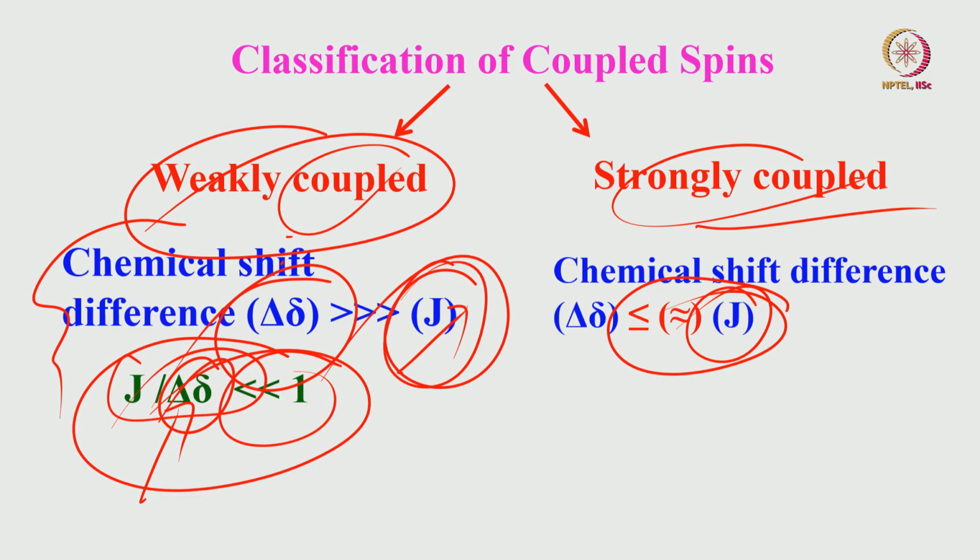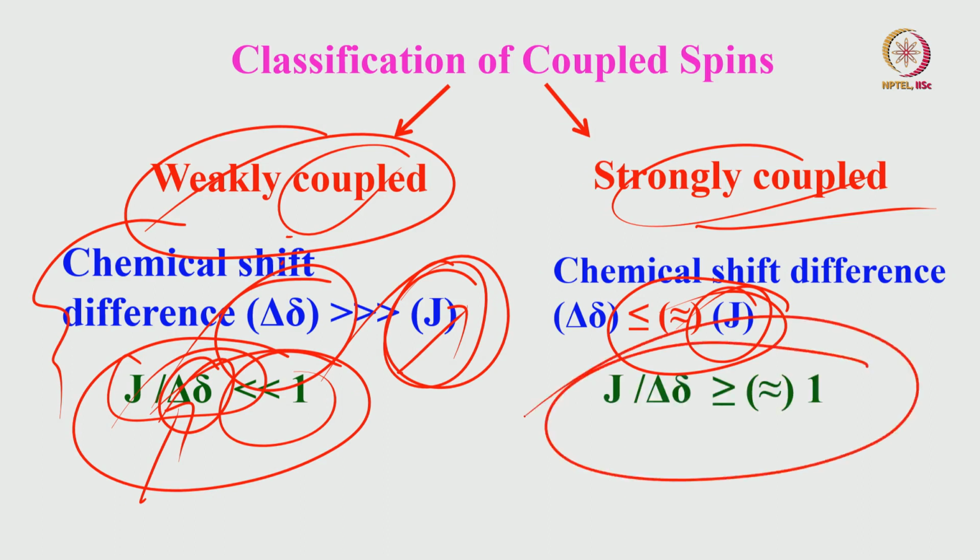Please remember, when the chemical shift difference between two coupled spins is sufficiently larger than the J coupling, where the parameter J by delta is very much smaller than 1, it is called weakly coupled. Whereas when the chemical shift difference is approximately equal to J or very much smaller than J, in the condition where J by delta is approximately equal to or greater than 1, it is called a strongly coupled spin system.